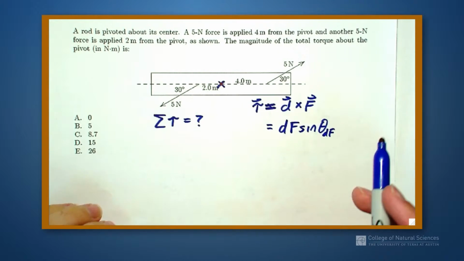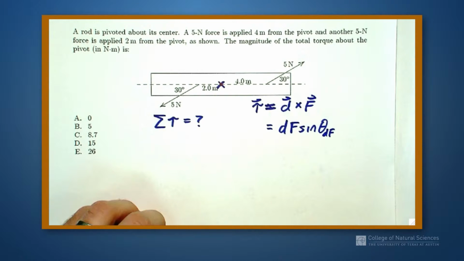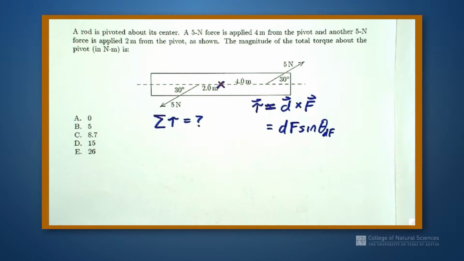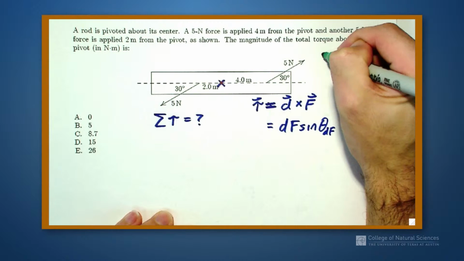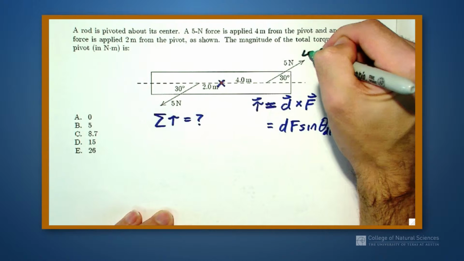So I have to ask myself, what is the magnitude of my two forces? They can give me two torques, so I have to calculate what the values are. So this one up top, on the right, is 5 newtons at a distance of 4 meters away.